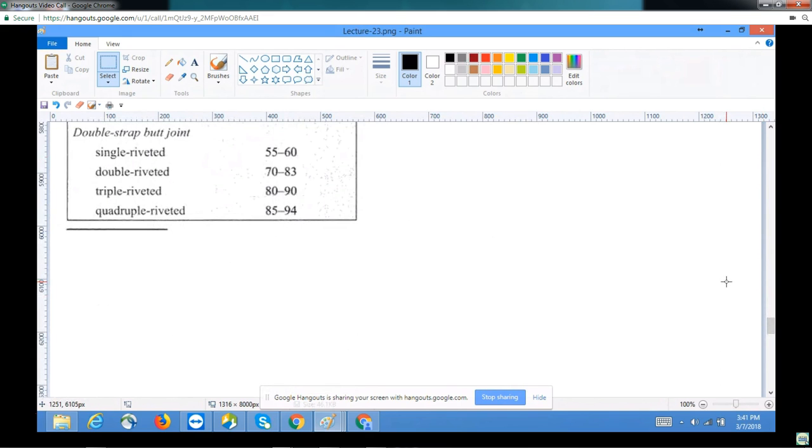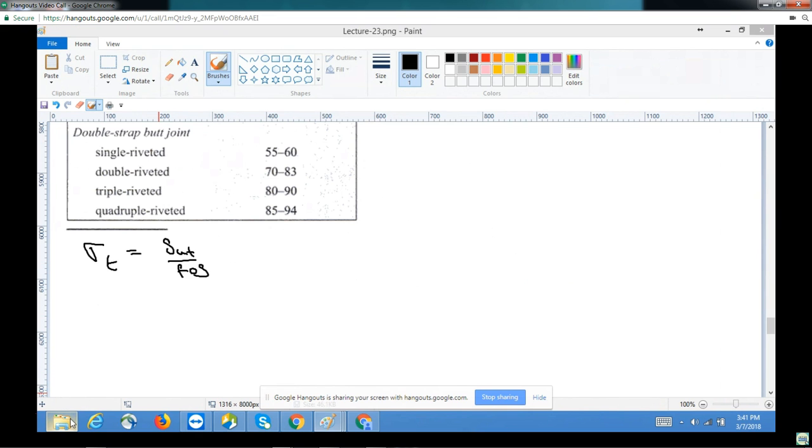This is one thing. The second thing is the tensile stress that is permissible in the cylindrical material. Sigma t is generally obtained as SUT divided by the factor of safety, and in general there are specific grades.